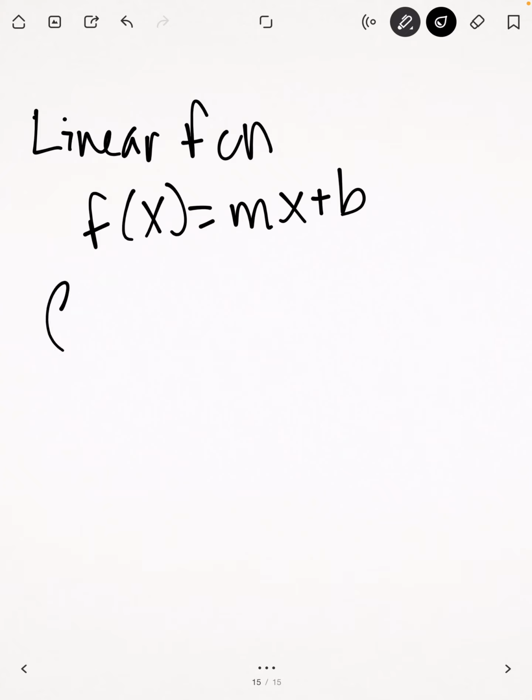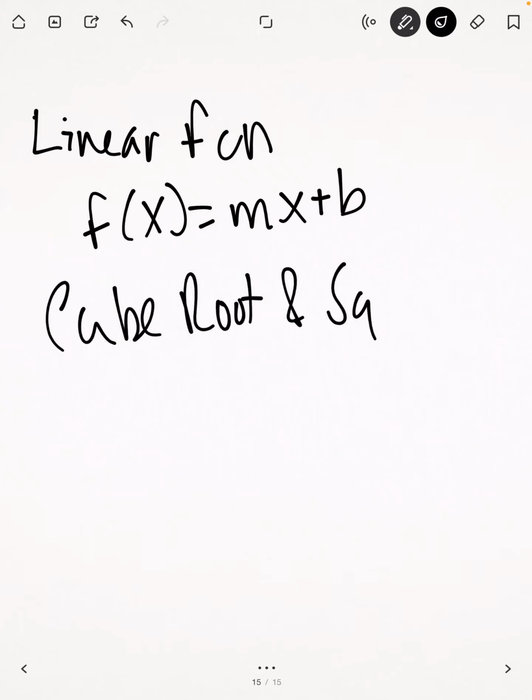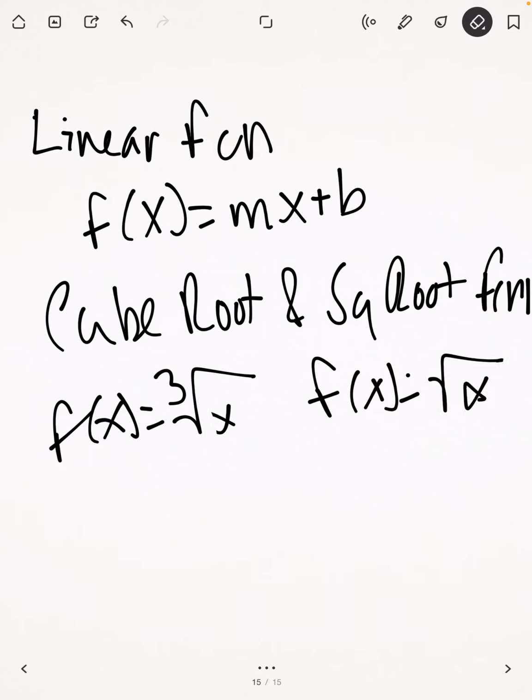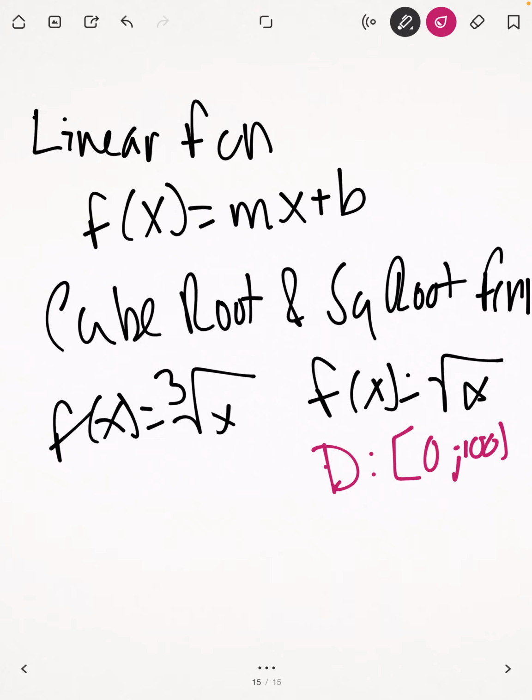So that's where we have f of x equals the cube root of x, or f of x equals the square root of x. And the important thing to remember that's different about these is that the domain of our square root is just 0 to infinity, but the domain of the cube root is negative infinity to infinity.